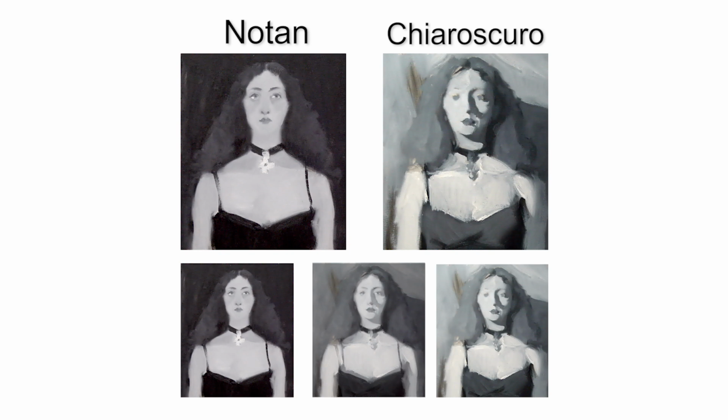And you can see the one in the middle has both notan and chiaroscuro. When you separate light and shadow, or the effect of light and shadow, from local values, they can be separated distinctively. But every image that we create is merging the two in some way. That's what I want you to be aware of, that every image we do is going to be a combination of those two.